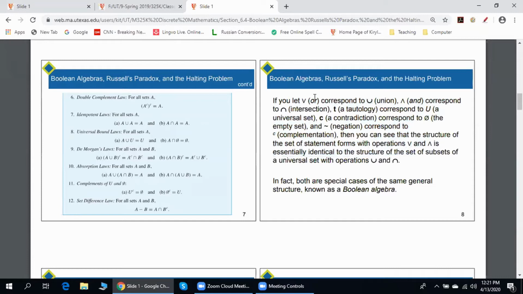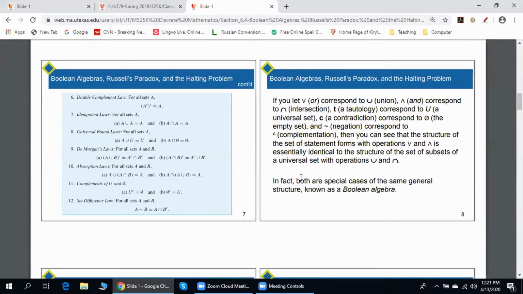If you let OR correspond to union and AND correspond to intersection, tautology correspond to the universal set, and contradiction correspond to the empty set, negation correspond to complement, then you can see that the structure of the set of statement forms with operations OR and AND is essentially identical to the structure of the set of subsets of a universal set with operations union and intersection.